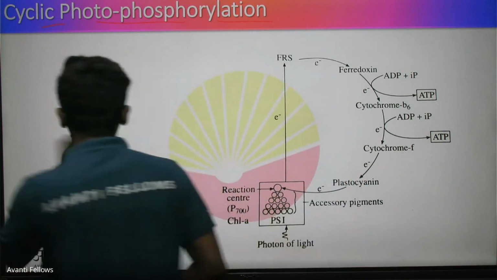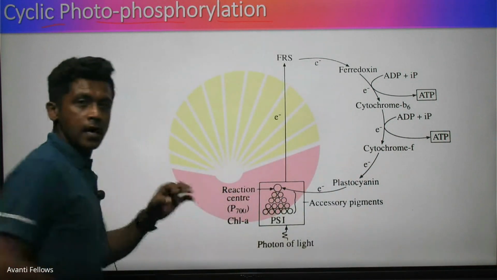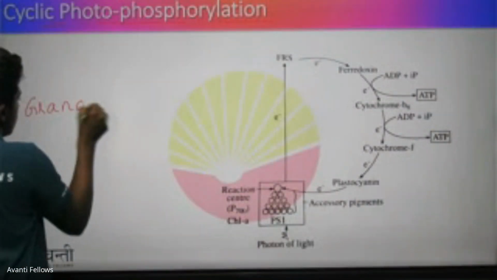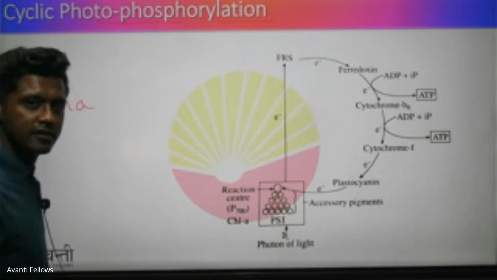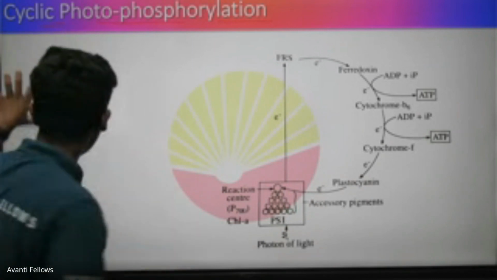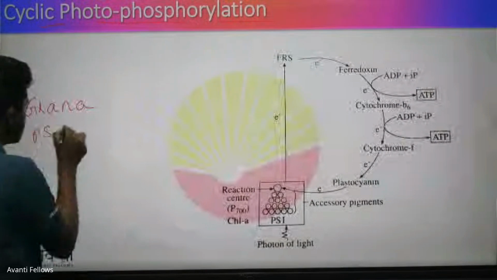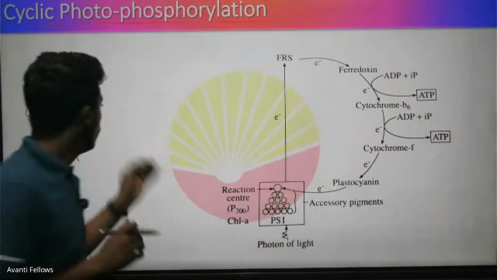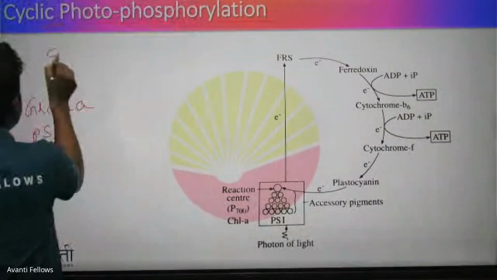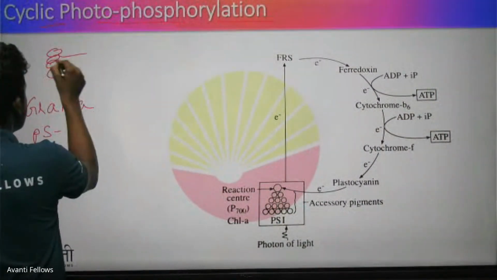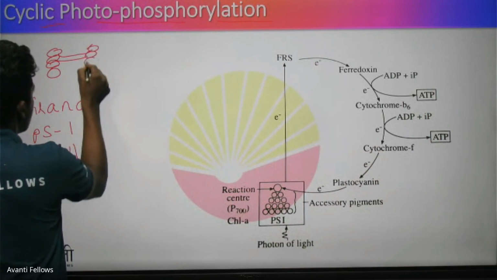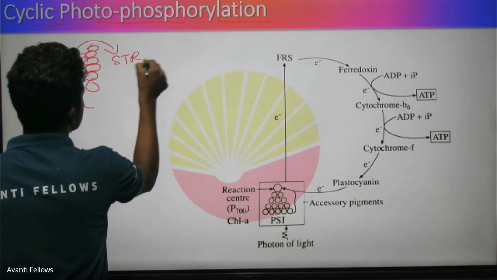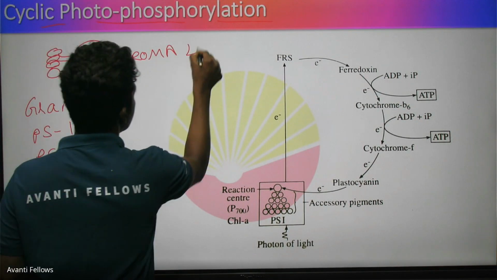It's very simple. There are two locations. One is the grana, where the thylakoids are present. Here in the grana we have both photosystem 1 and photosystem 2. Now we also know that these grana are interconnected by a membrane called the stroma lamellae.